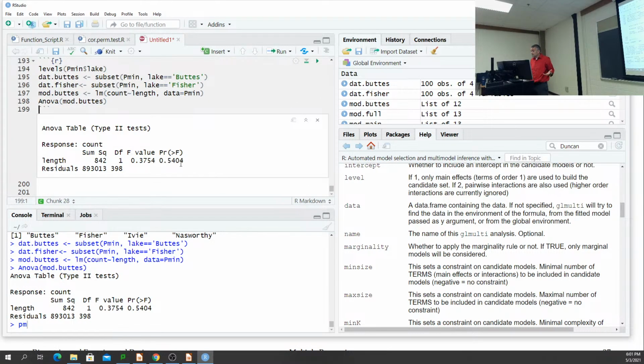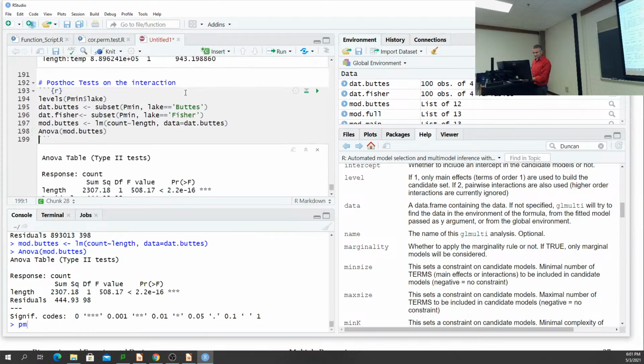All right, and it's significant. I'm sorry, it's not significant. Why? No, that's not right. Data dot Buttes. That's better. There it is.